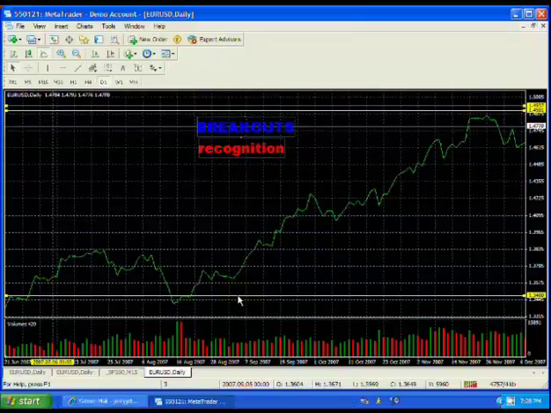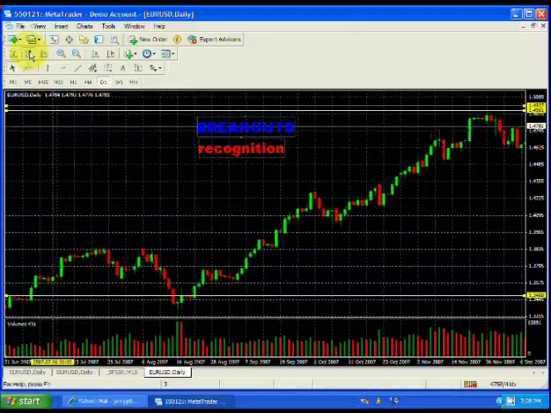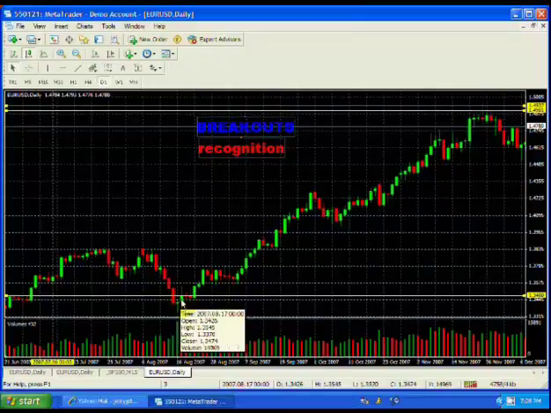Let's get to the recognition area of breakouts, and we'll go to our candle. When we look at our breakout line or our high line, we want to go to the close of the highest candle. The close above the highest candle is the breakout point.